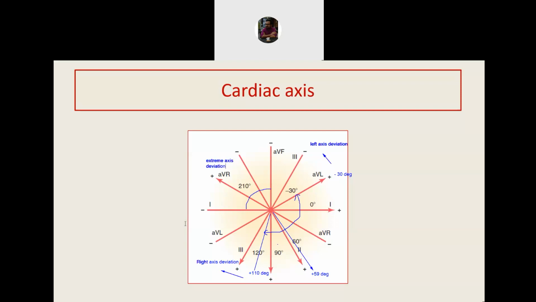I'll teach you three methods to do that. A very standard method that is written in textbooks, a shortcut method that we use in the ICU and clinical setting, and the third method is something that I like to teach my students because it is easy and at the same time the most accurate method. So let us see how the cardiac axis can be found out.